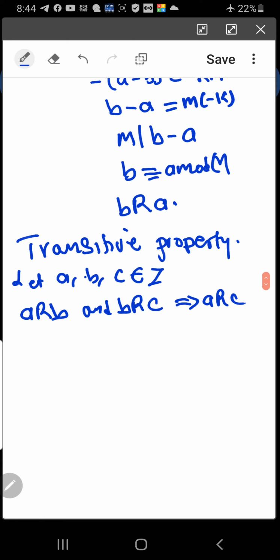Or even if we end up having C relating A, since it is already symmetric, it will still mean the transitive property holds. Now, let us have A relating B.